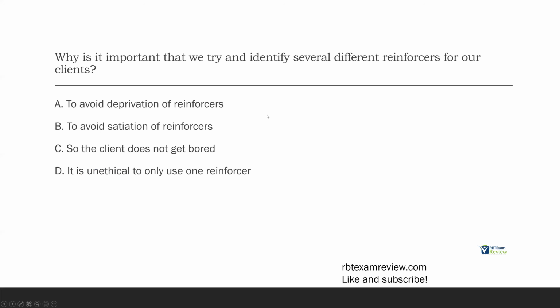So what could happen? Could they satiate on reinforcers? Absolutely. What is satiation? Satiation is getting too much or having too much, and then it loses its value. If I use the same reinforcer over and over again, the risk of satiation is much higher than if we start varying reinforcers. So why do we want to identify several different reinforcers? Well, in an attempt to avoid satiation.